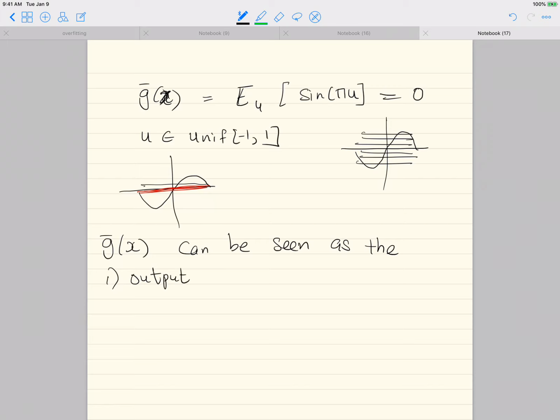So it is the output hypothesis in H with infinite amount of training data.